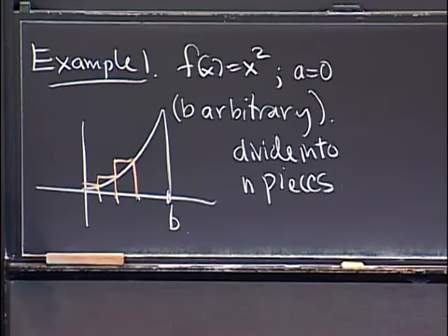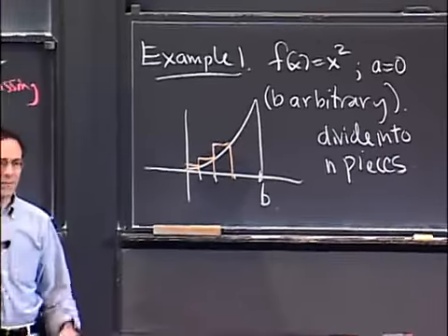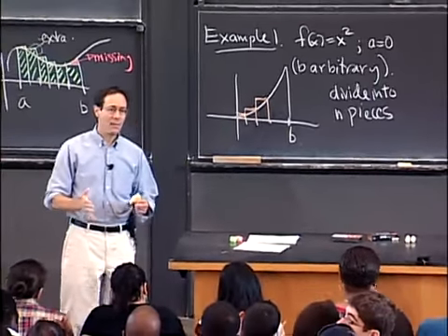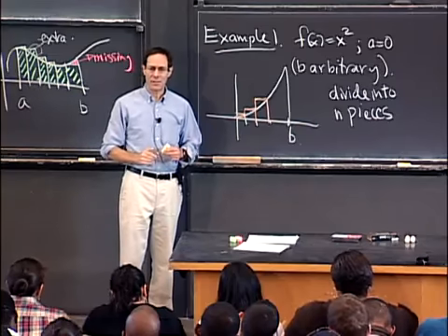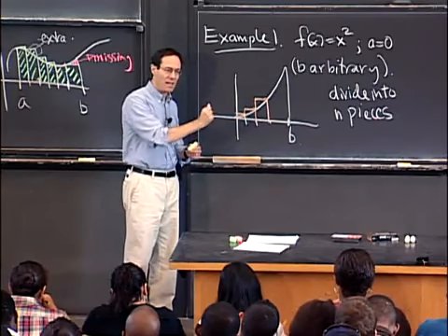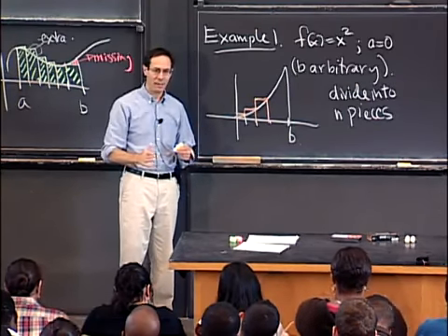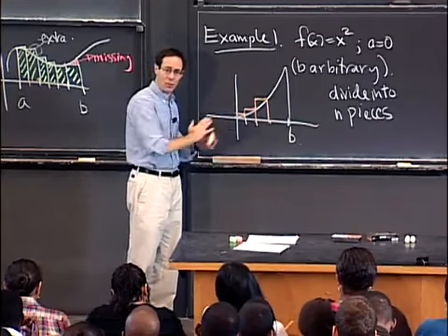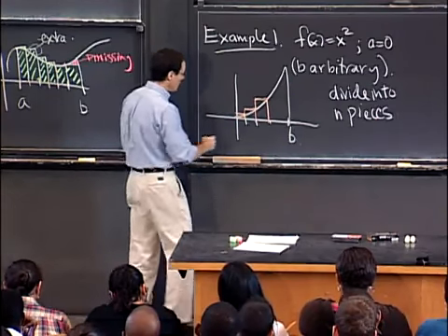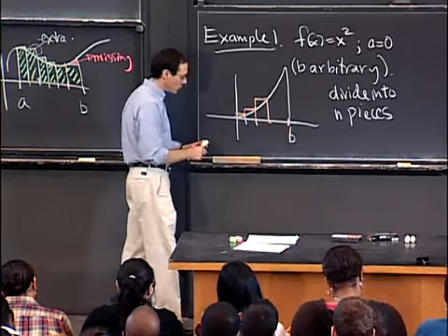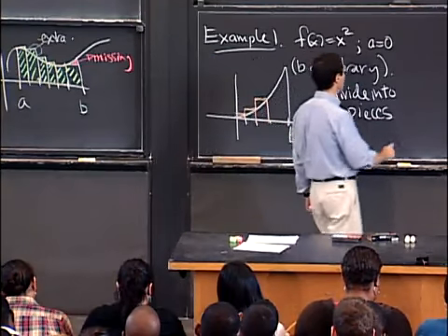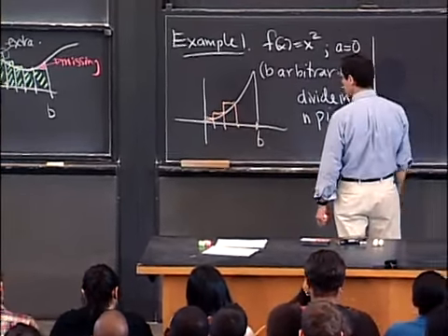Now, there's one big advantage that rectangles have, and this is the starting place, which is that it's easy to find their areas. All you need to know is the base and the height, and you multiply and you get the area. That's the reason why we can get started with rectangles. And in this case, I'm assuming that these are all equally spaced intervals, and I'll always be doing that.